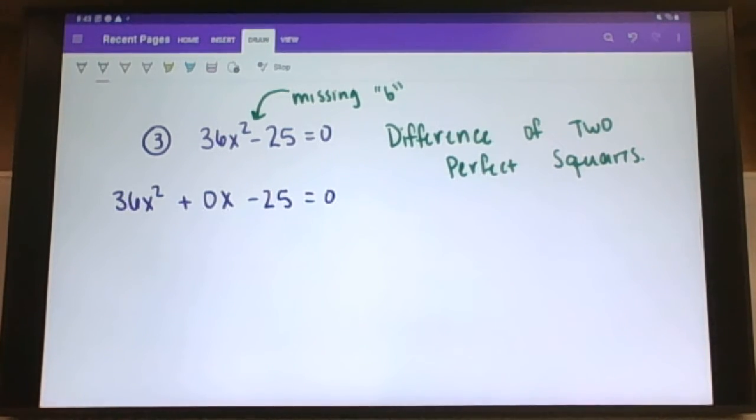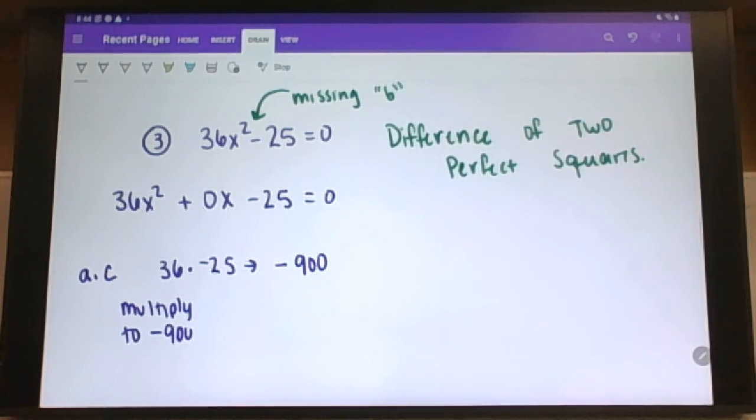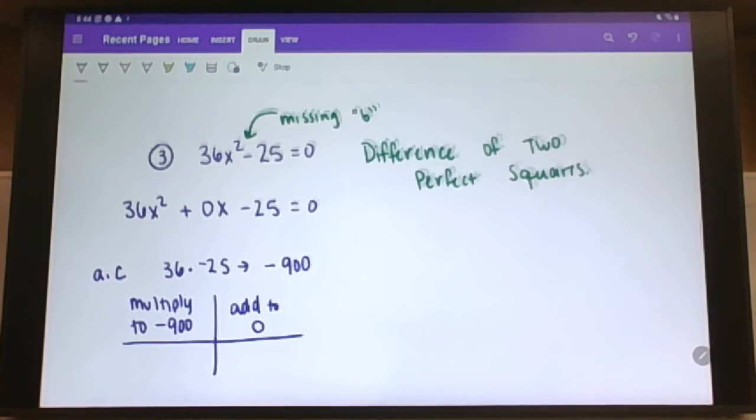So for A times C, we have to do 36 times negative 25. Did anybody do that? What is it, Kelton? Not bad. Okay, so we need numbers that will multiply to negative 900 and add to 0. Did anybody find them? Kelton.